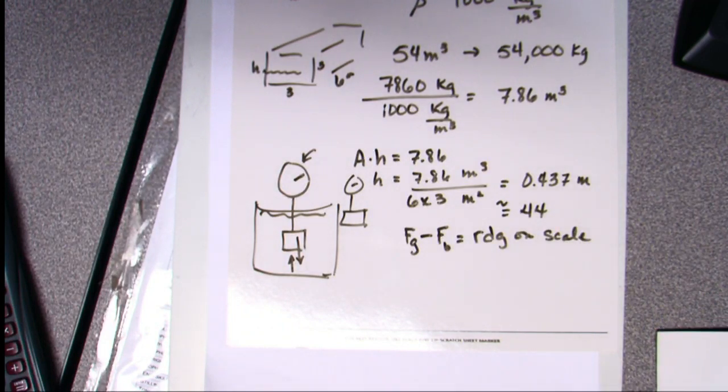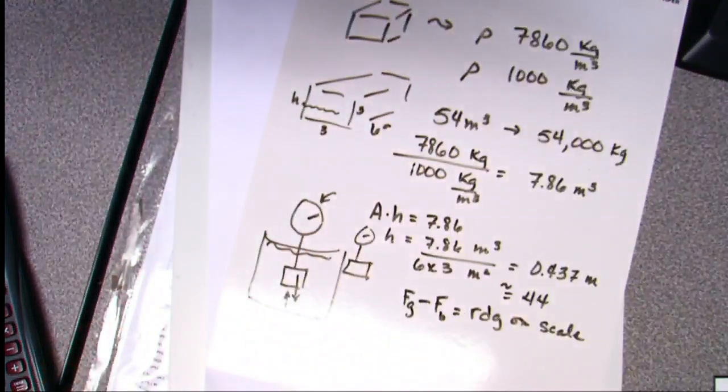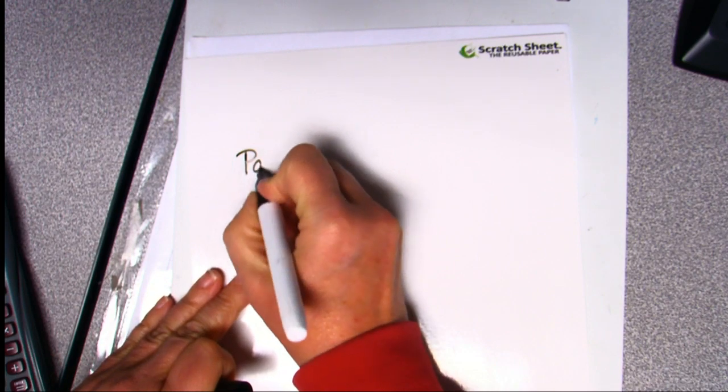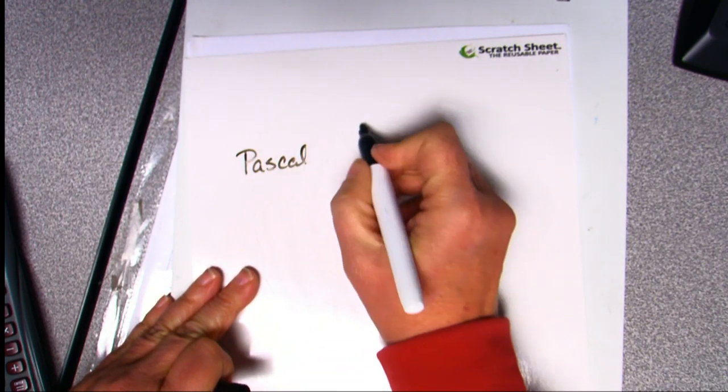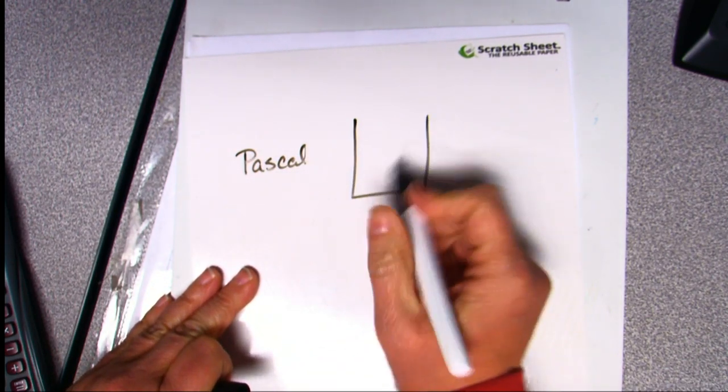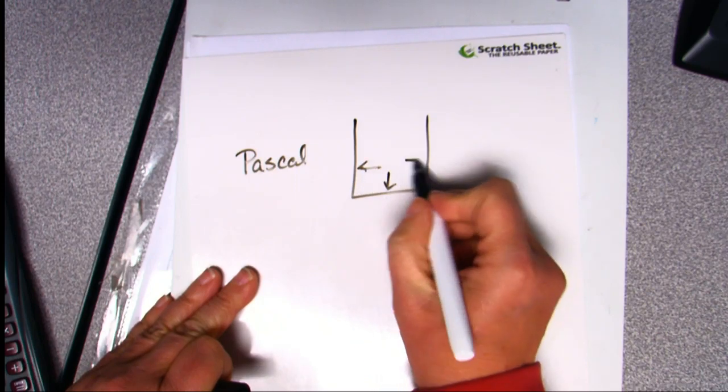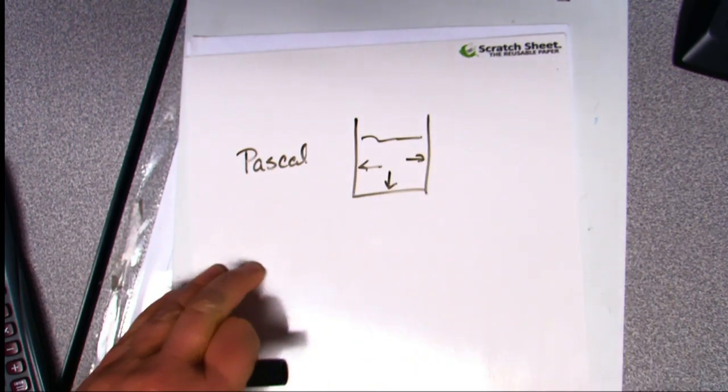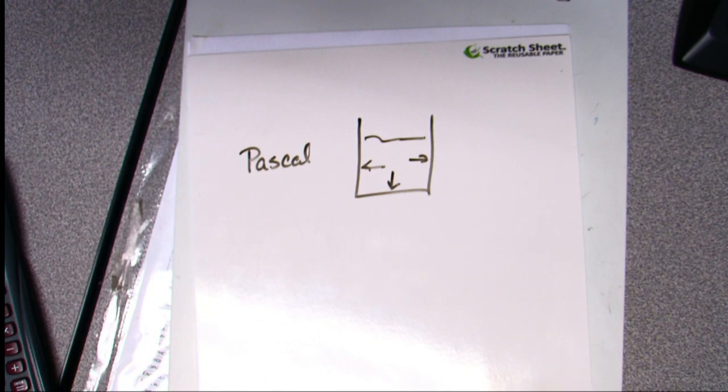So that's Archimedes' principle. We talked about Pascal's principle, because there are three big principles that we work with in all of this. Pascal's is the one that says that the pressure in my fluid is going to be distributed over the course of my container.